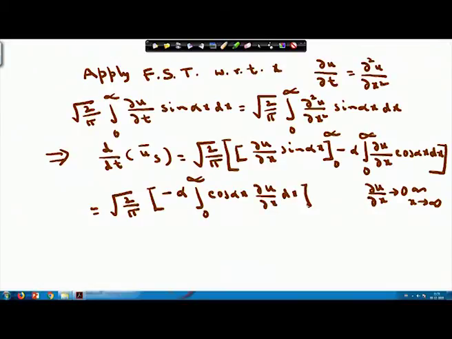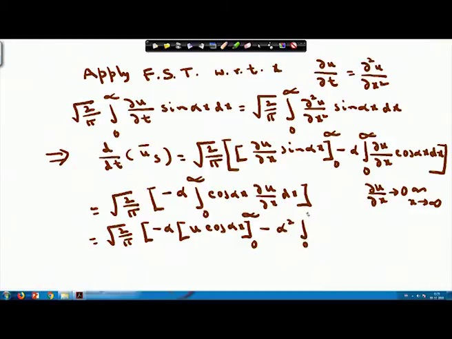So, again use integration by parts over here: root over 2 by pi into minus alpha into u cos of alpha x from 0 to infinity, minus alpha square into integral 0 to infinity u into sine of alpha x dx.